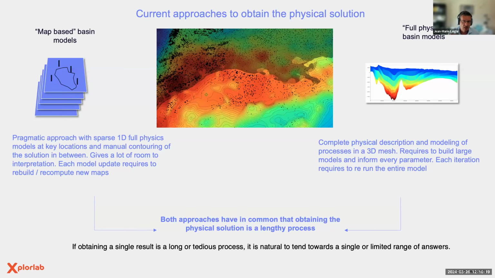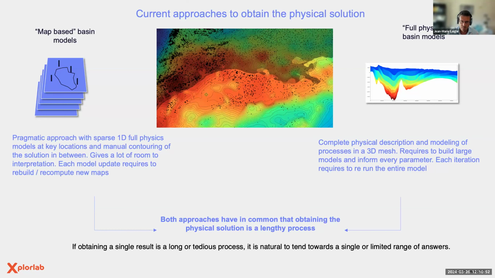So this puts a lot of workload on the geologist, who is going to be in charge of designing a solution which makes sense for the basin. On the other hand, there are what are called full physics basin models, where we provide a complete physical description of the subsurface, usually in a 3D mesh.